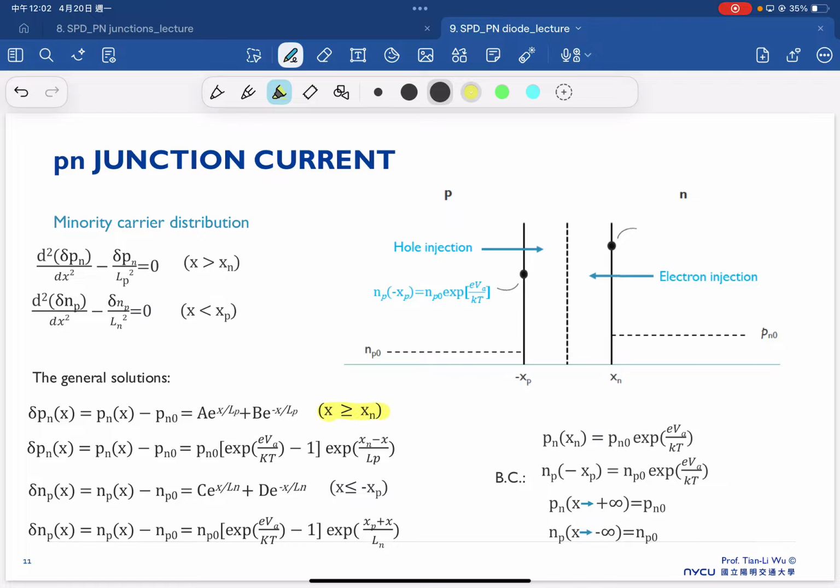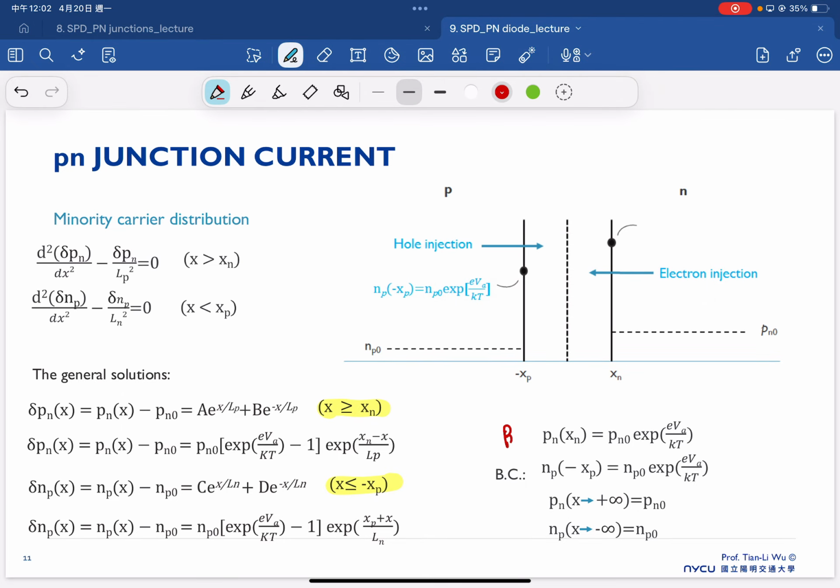We have x larger than xn, and x smaller than xp, and we consider the four different boundary conditions: BC1, BC2, BC3, and BC4. With all these boundary conditions, we are able to start to calculate.